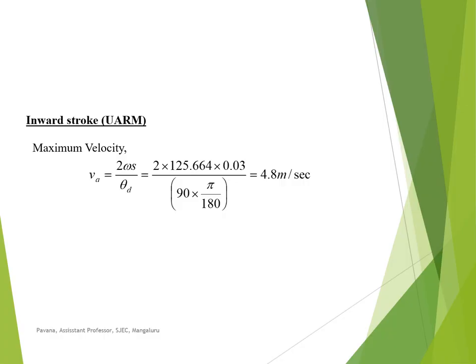What is the angle? The return takes place at an angle of 90 degree. Substitute that 90 in terms of radians. So the answer is 4.8 meter per second.